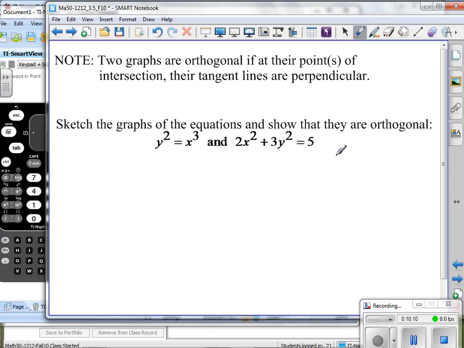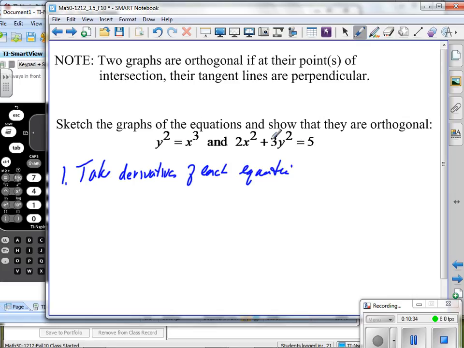So let's get the roadmap out. What's the first thing I'd want to do? Yeah. Take the derivatives of each equation. Could we write these as explicit?